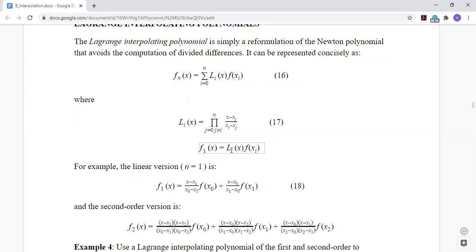So it's simply from i equals 0 to 1, because n is equal to 1.